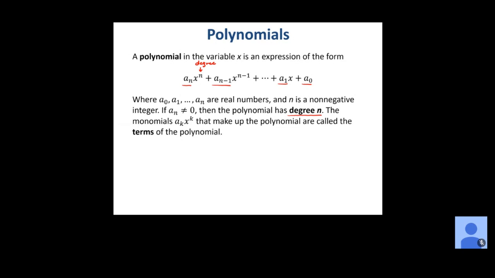And then each of those things that's separated by addition or subtraction is what we call a term of the polynomial. So we would have a term a sub n x to the n, then a separate term would be a sub n minus 1 x to the n minus 1, and so on. But notice here the exponents just keep decreasing by 1 until you get down to a term that has no variable at all.